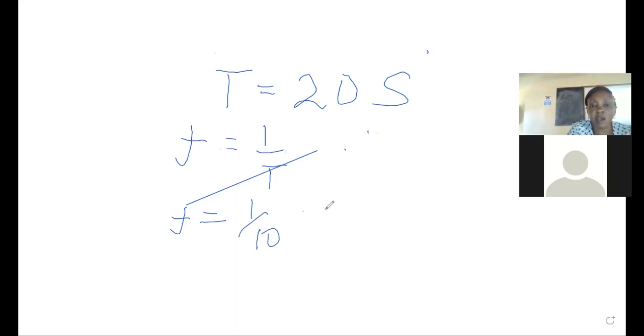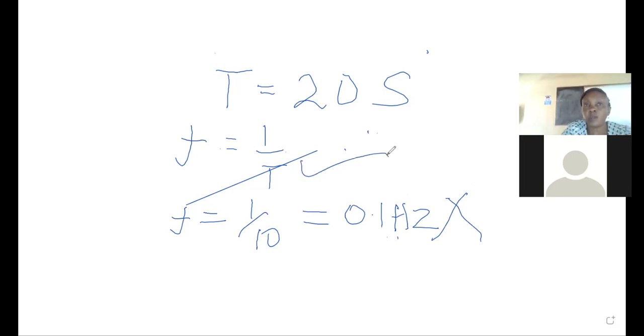This ends up giving 0.1 as the frequency. This question was 4 marks. So the student will get the answer wrong, but he will get a mark for the formula. That's 1 mark, because the period was wrong and the calculation was wrong.